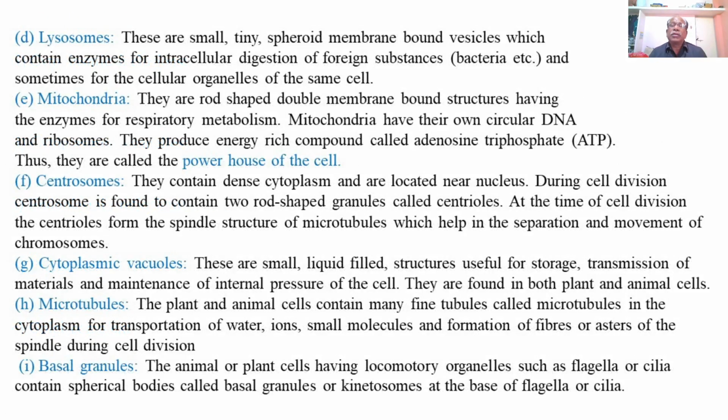Then the fourth cell organelle of the animal cell, that is lysosomes. These are small, tiny, spheroid, membrane-bound vesicles which contain enzymes for the intracellular digestion of foreign substances such as bacteria or undesired substances, and sometimes of the cellular organelles of the same cell.